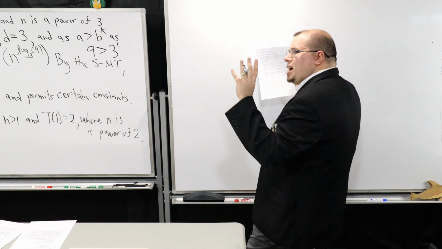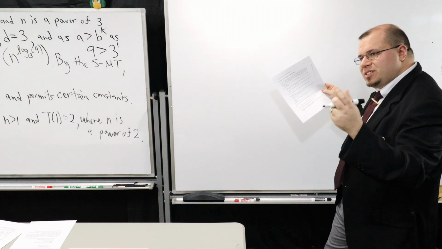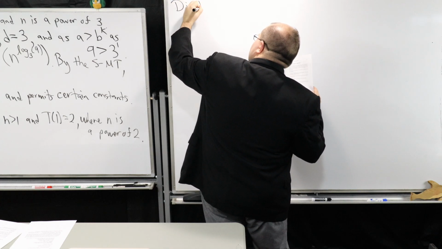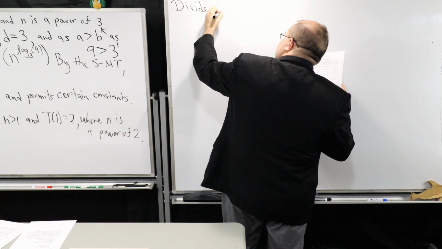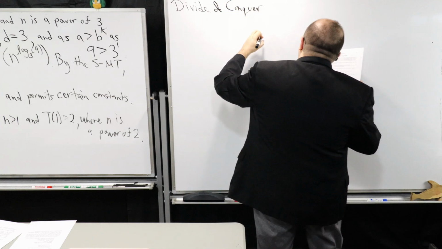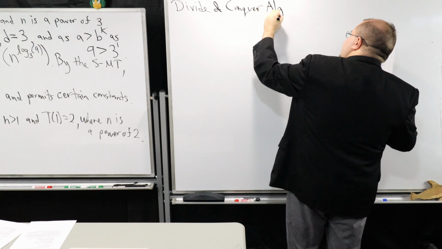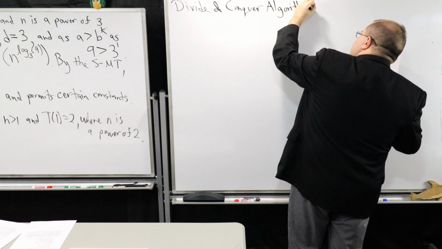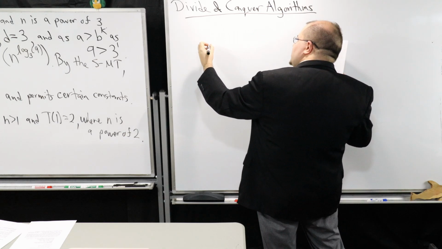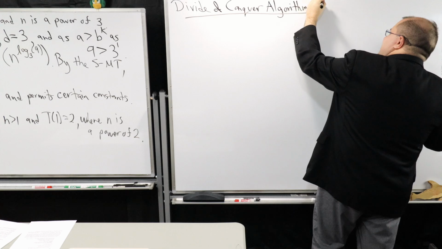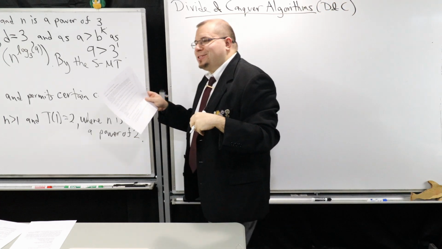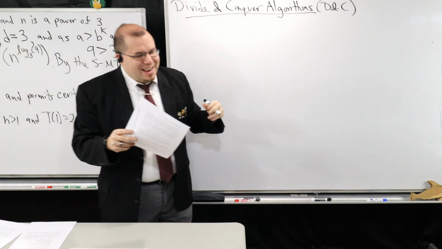So these are a particular kind of recursive algorithm that has a very specific kind of form to it. You can look at this as another algorithm design technique. So, divide and conquer algorithms. I'll usually abbreviate this as D and C, just for the sake of this lecture, because it's a lot easier to write down.